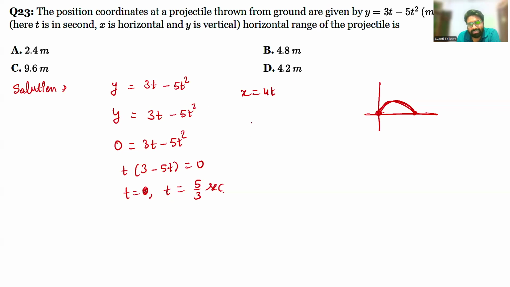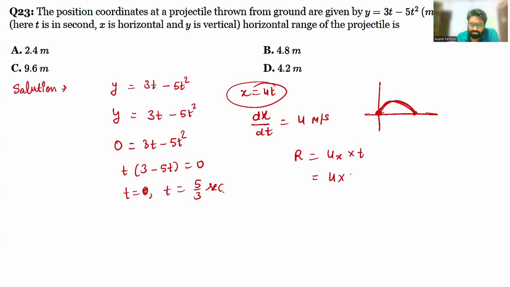Now to calculate the range, we only need the velocity in x direction. For that you have to calculate dx by dt, which is 4 meter per second. Now range would be ux into time. ux is 4, time is 5 by 3, so it will come out as 20 by 3.